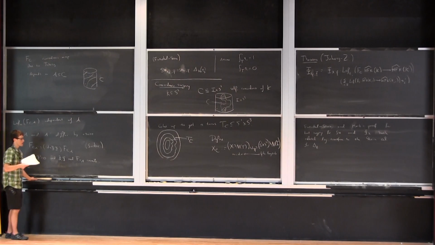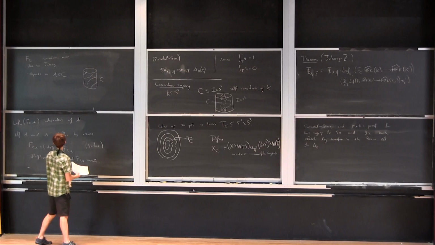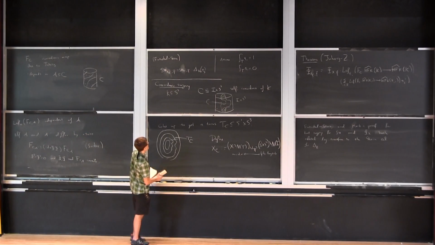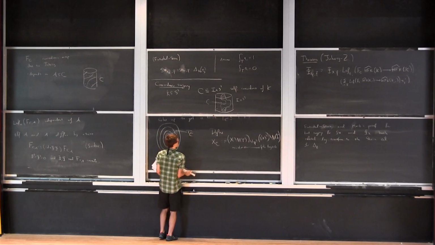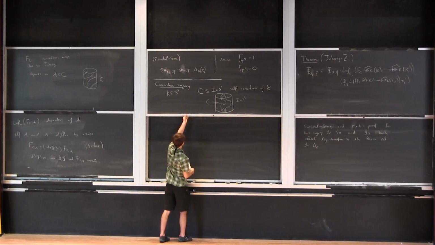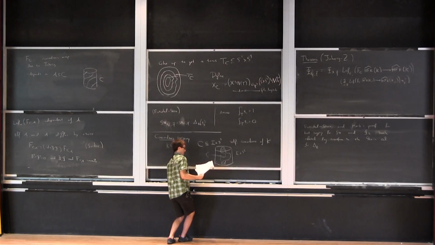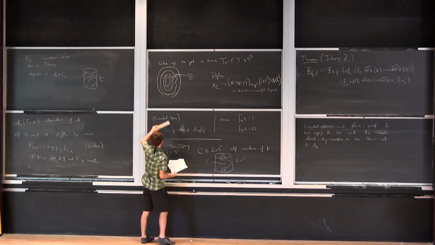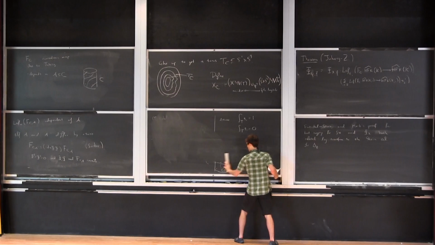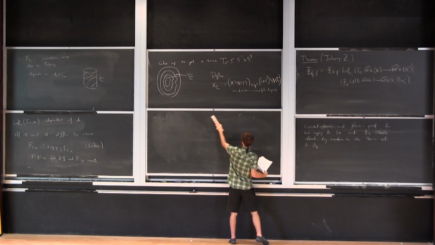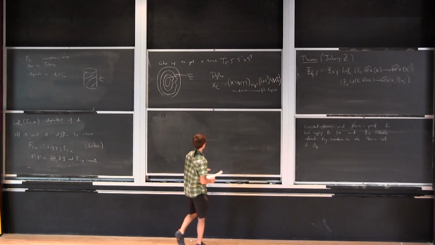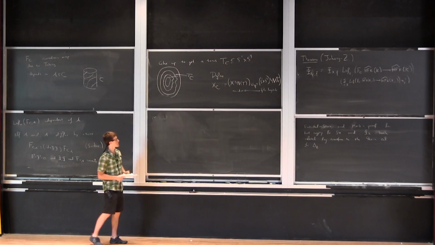Okay, so now I'm going to describe our strategy for computing this thing. Well, this X C is a union of two things.